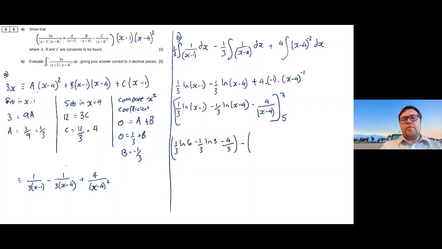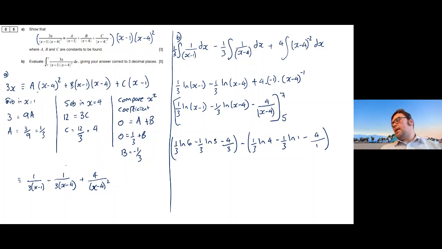Take away 1/3 ln of (5 minus 1), which is 4, minus 1/3 ln of (5 minus 4), which is 1, minus 4 over 1.